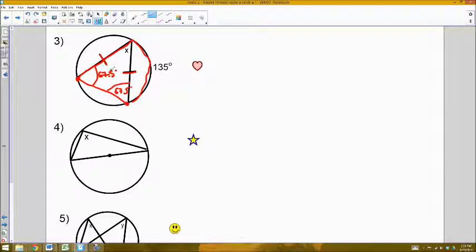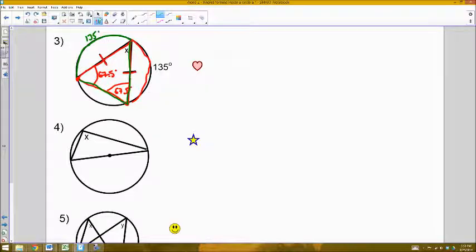Well, if these two angles are both 67.5, notice that my second angle here, I'll actually highlight it in green so that you can see it a little bit more clearly, is also an inscribed angle, which inscribes this arc. Well, if it's 67.5, then this one must be 135 degrees.